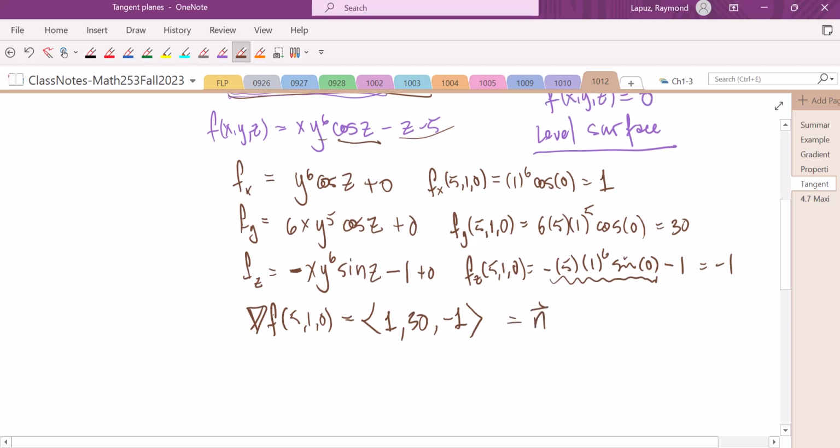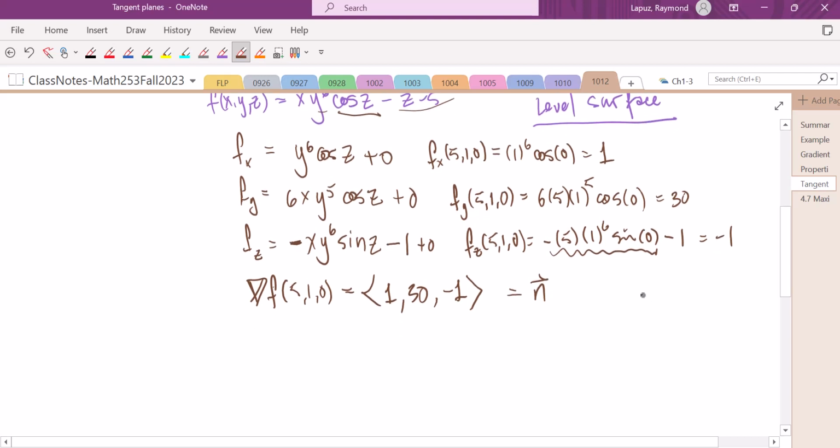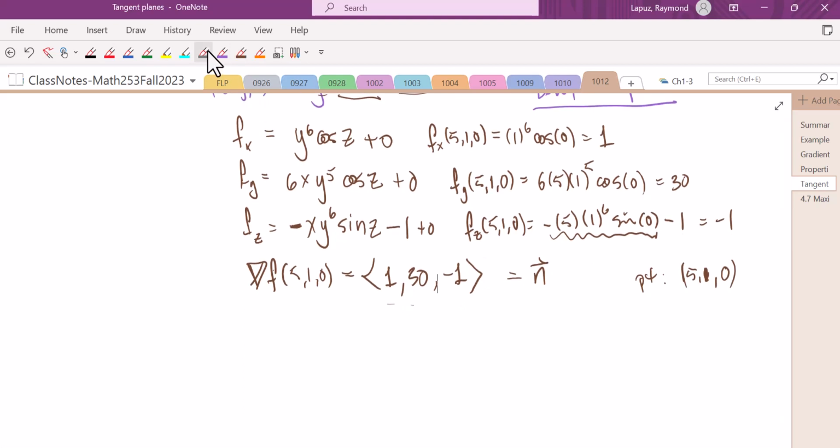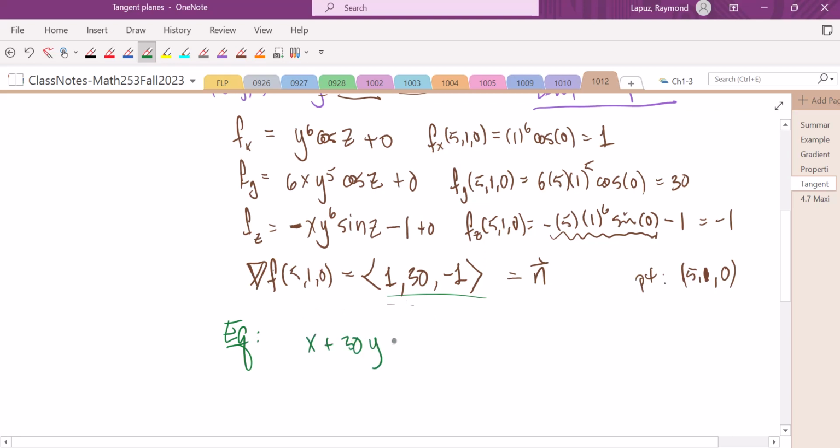Okay, so we have a point, (5, 1, 0), given to us at the beginning of the problem, and then now we have a normal vector. So to find our equation of the plane, if you remember, it's just the normal dotted with the x, y, z. So 1x plus 30y minus 1z is equal to, and then we take the dot product.